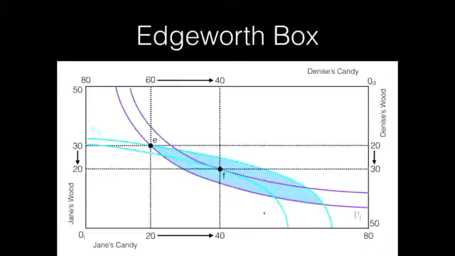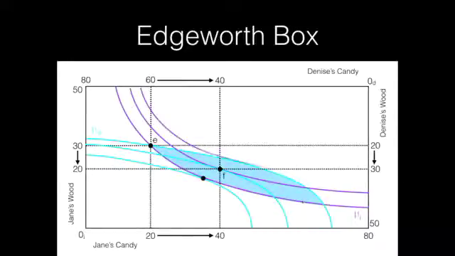In doing that, with Jane trading 10 cords of wood to Denise for 20 candy bars, both individuals have increased their utility. Their indifference curves are further away from their respective origins, so both individuals in trading have increased their utility by doing so.